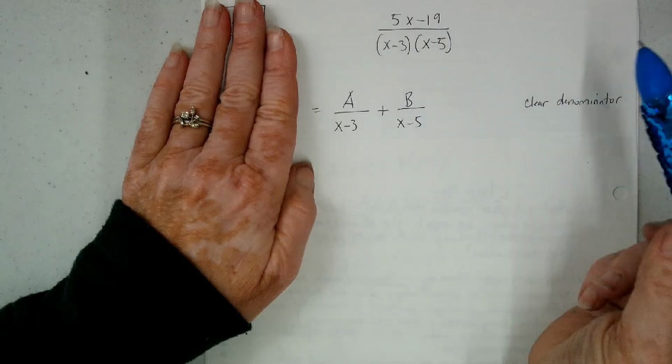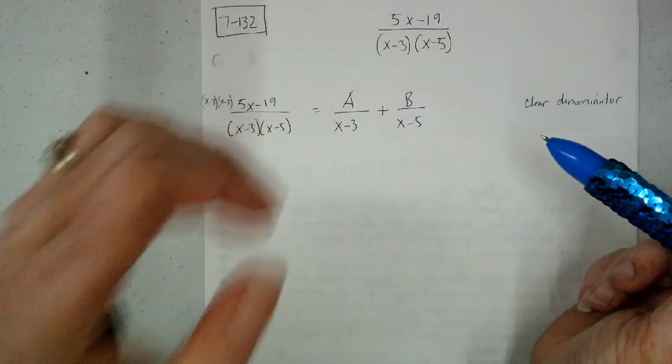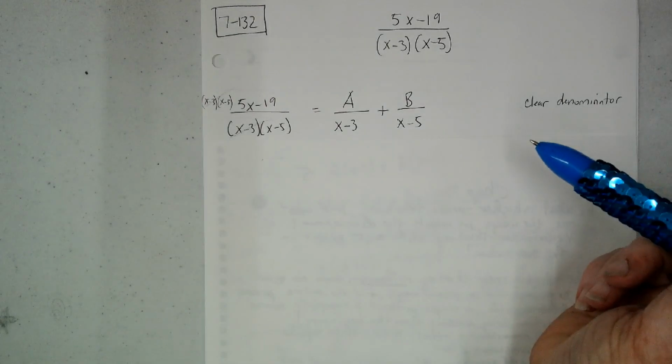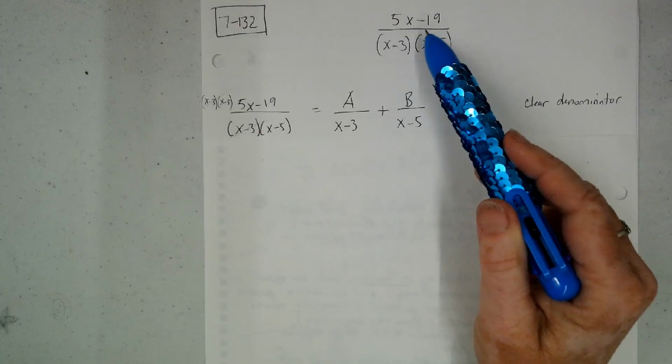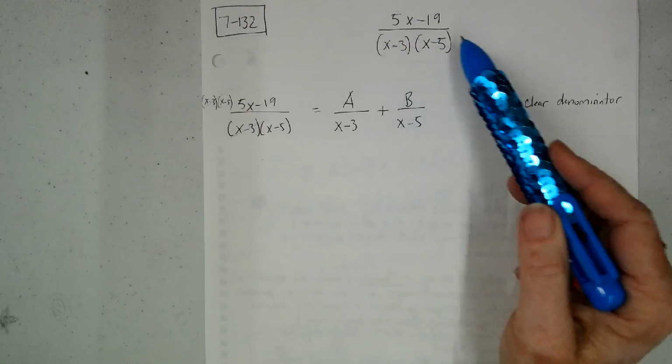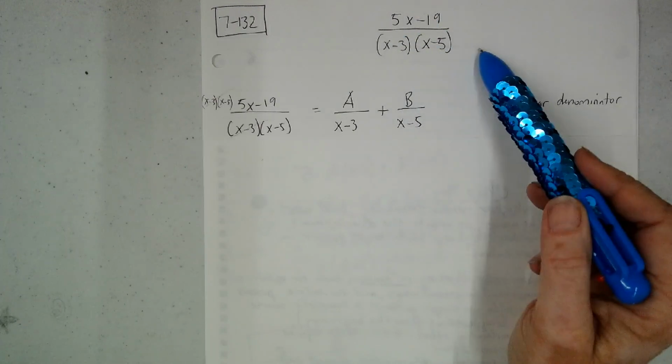So this is just a process that you're going to use. You're going to find this very useful if you go into any higher math, to be able to pull these apart, to pull this into two fractions with linear denominators.